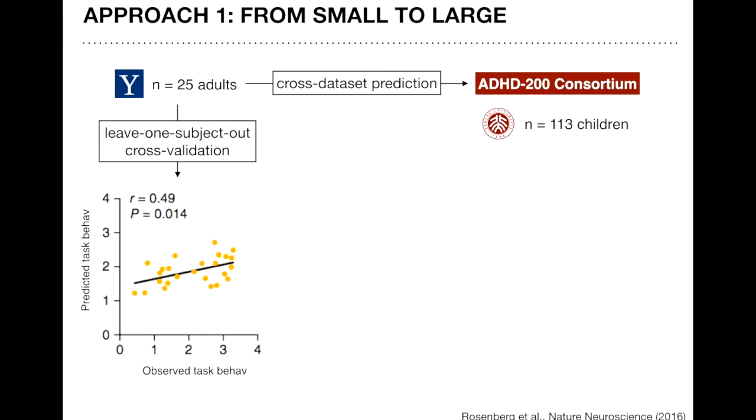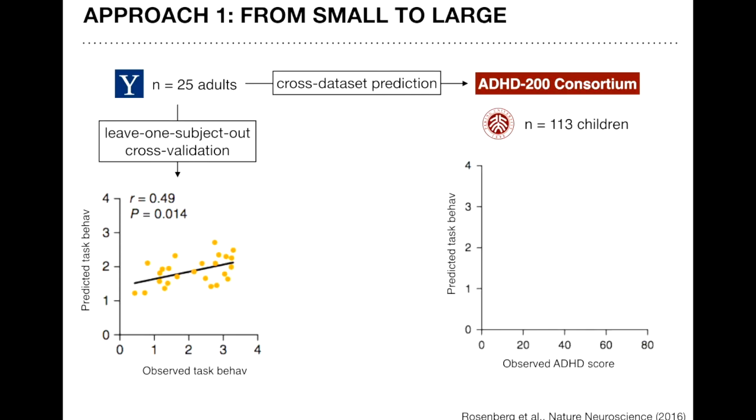So now we're changing up a lot of different things. We have a different subject population, obviously a different scanner, different site, different MR protocol, etc. But if our model is really picking up on something that's generalizable about attention, we should be able to apply what we learned from the Yale dataset to this ADHD 200 dataset.